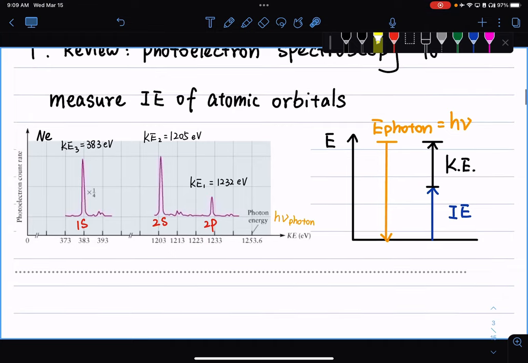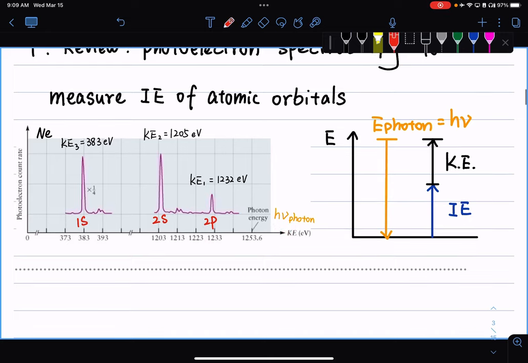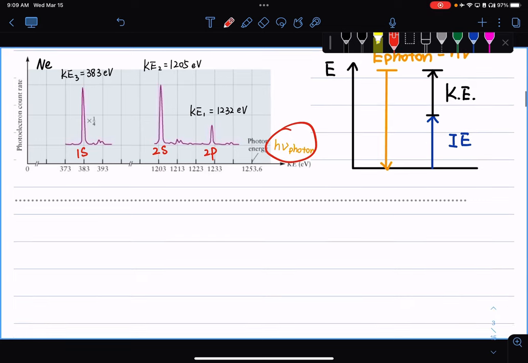So let's look at an example here. This is the neon photoelectron spectroscopy we were measuring. This h nu photon here has a photon energy of 1253.6 electron volts. So what's the wavelength of that beam of light being used?